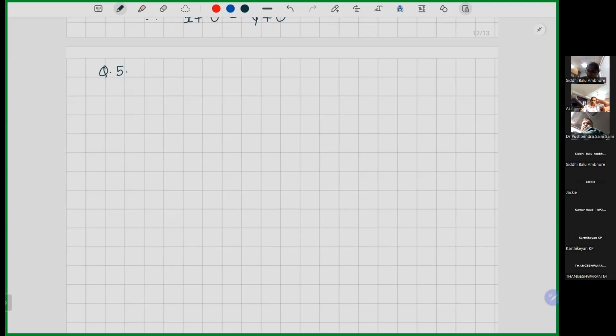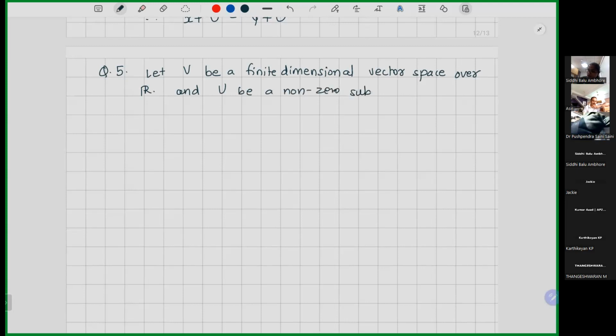Question 5, let V be a finite dimensional vector space over R, and U be a non-zero vector subspace of V. And they are saying that let V1 to Vn belong to V with n greater than or equal to 2.